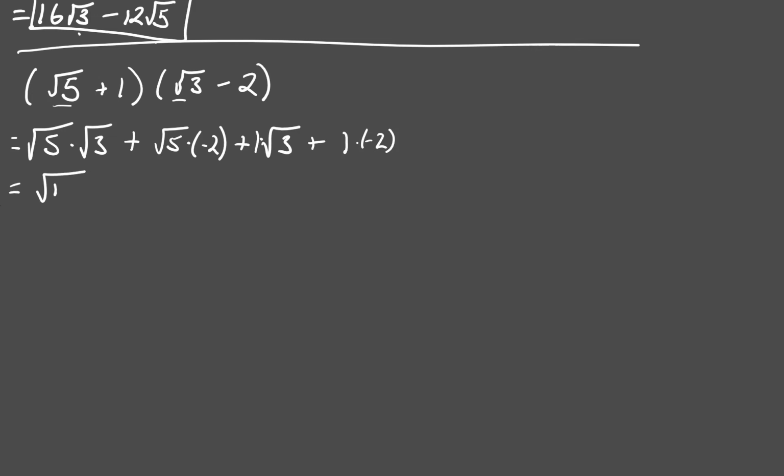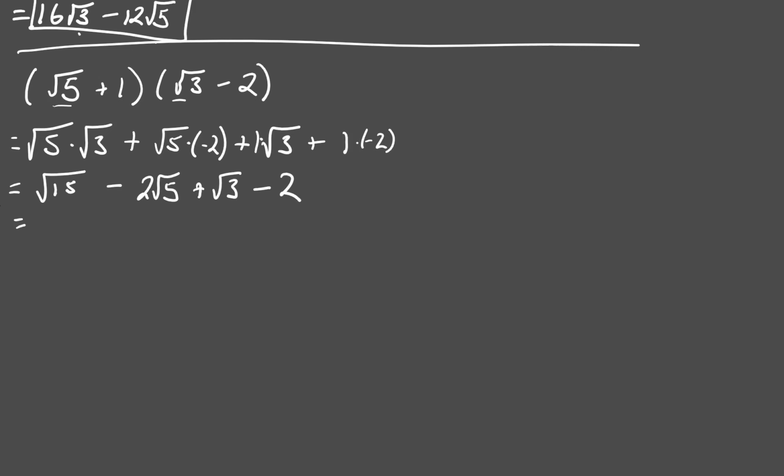I've got the square root of 15, plus, well, actually minus 2 square roots of 5. So we're going to make that a minus. And then I've got a plus the square root of 3, and I've got a minus 2. This is as simple as we can get, right?